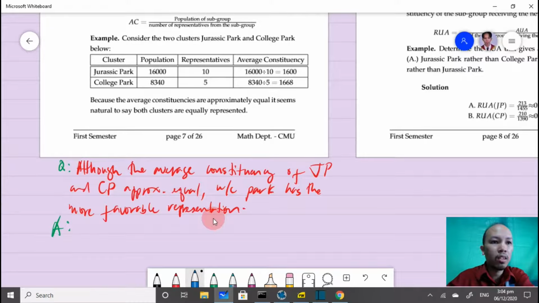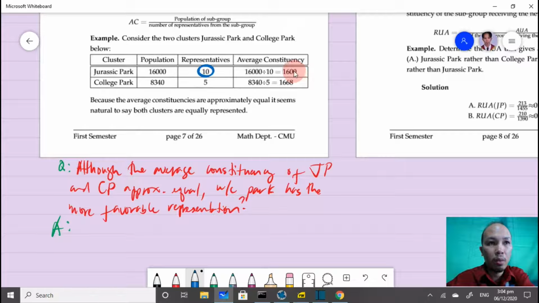So remember, if you have a smaller average constituency, this means that for every representative, one representative will serve fewer people. It seems the more favorable one is the smaller average constituency.